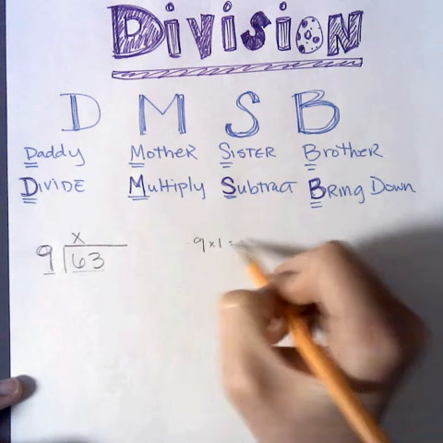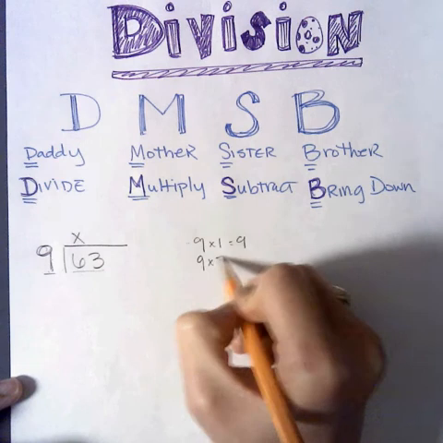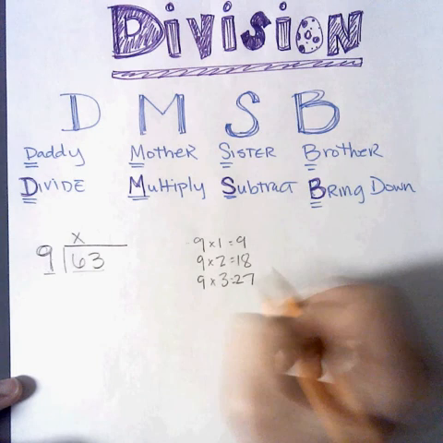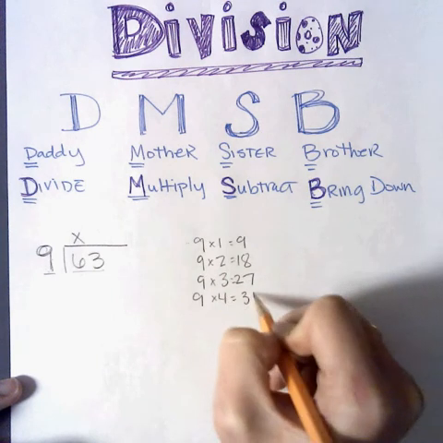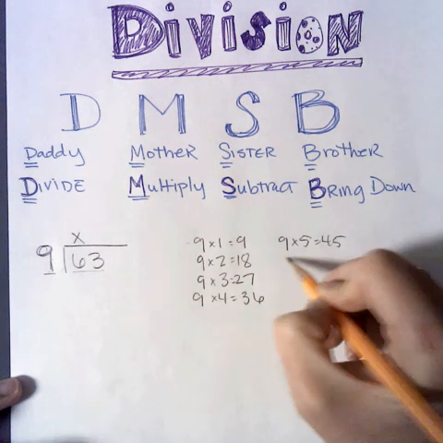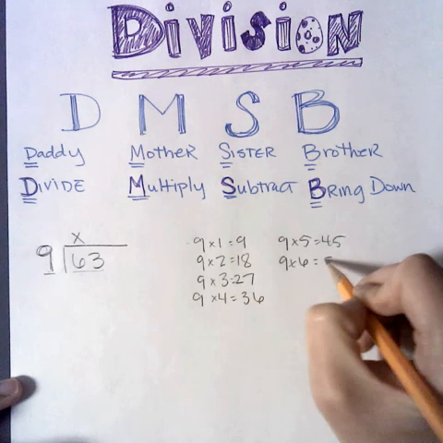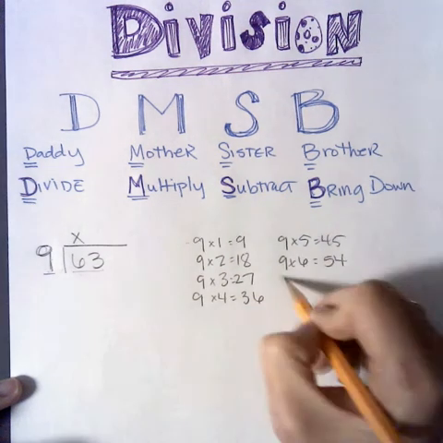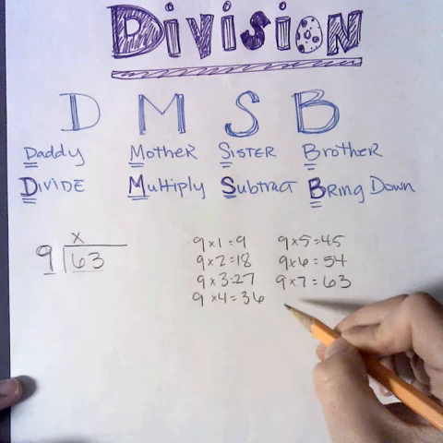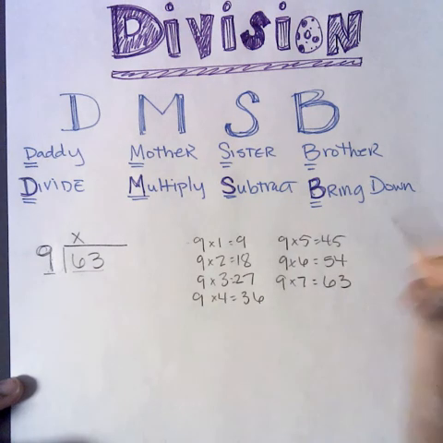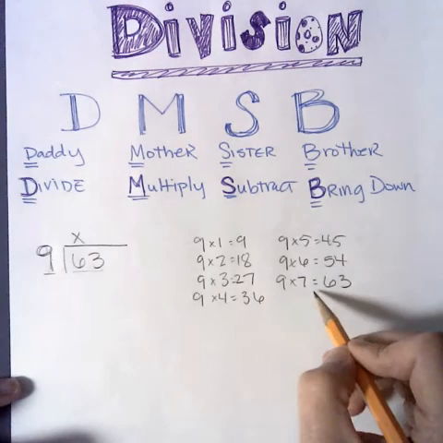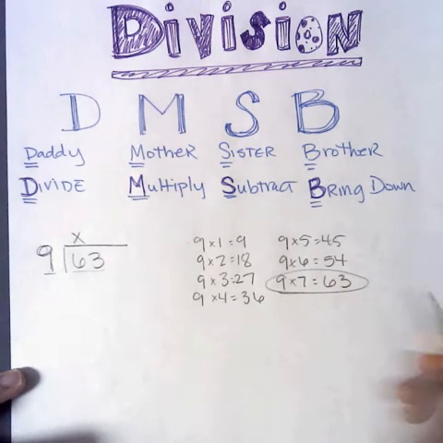So 9 times 1 is 9. 9 times 2 is 18. 9 times 3 is 27. 9 times 4 is 36. 9 times 5, 45. 9 times 6 is equal to 54. And 9 times 7 is equal to 63. So if for any reason you don't know these by heart, you can always come over to the side and you can try working it out. So 9 times 7 is 63, and so that is my winner.